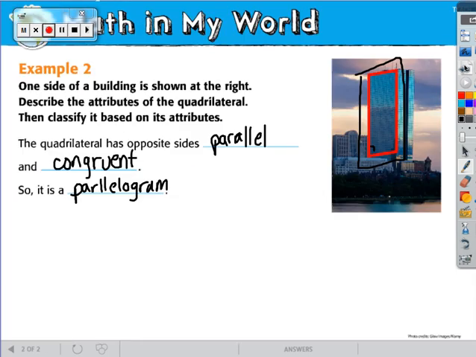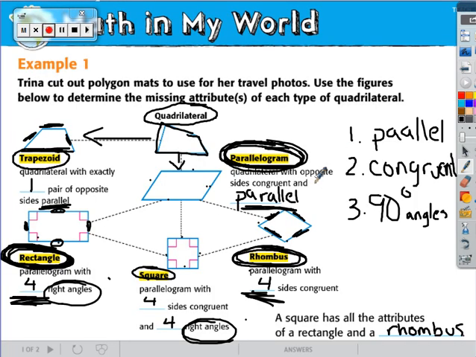So if we go back, opposite sides, congruent and parallel. So we know we're talking about a parallelogram, right? Yeah. Okay, now all 4 sides are congruent. So where does that put us? What shape does that put us at? A rhombus, right, because a rhombus says that the 4 sides are congruent.